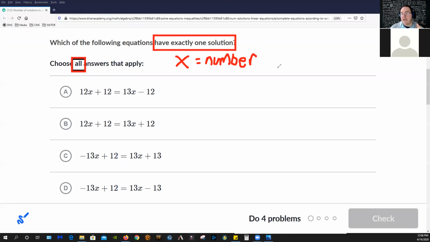And it can be any number, negative, positive, decimal, anything. As long as it ends up with x equals something, then you have a one solution system. So I'm going to give you just a minute of a head start, and then I'll start going through these one by one, and we'll see if we all agree or if we disagree.